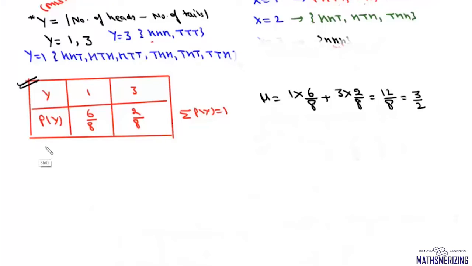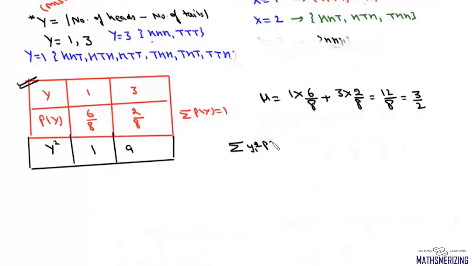Now for variance, we can use either one. So here I'll take this y². And y² is 1 and 9. So if we calculate the summation yᵢ² into P(yᵢ), it will be 6/8 plus 18/8, which is 24/8, and 24/8 is 3.